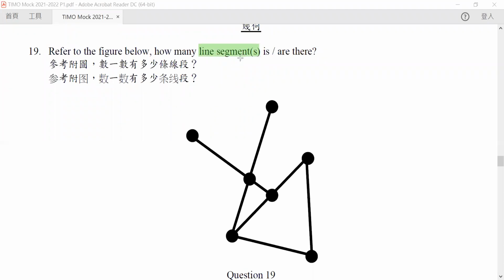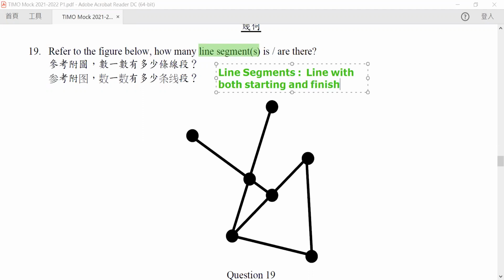Now in here we talk about line segments, but what is a line segment? Again, we want to know the meaning of it. A line segment is actually a line with both a starting and a finishing point.